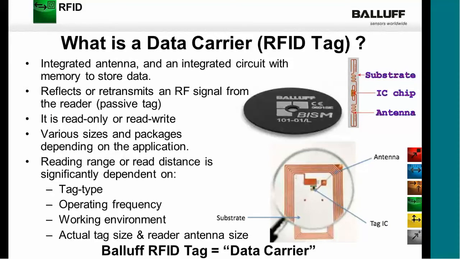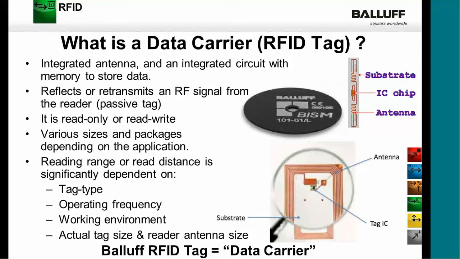The reading range and writing range is dependent on a couple of different factors. The type of tag, so are we using an inductive coupling type of tag or the backscatter type technology, which is of course related to the operating frequency. The working environment, so is it surrounded with a lot of metal, for example.